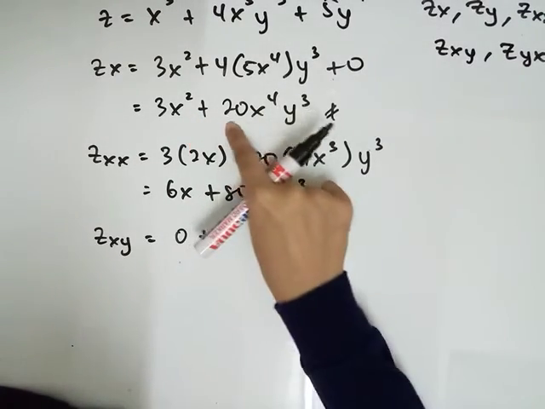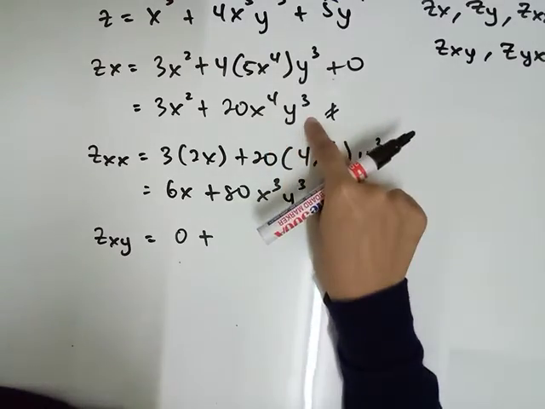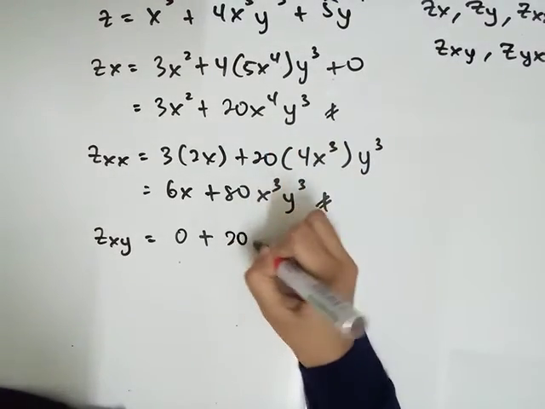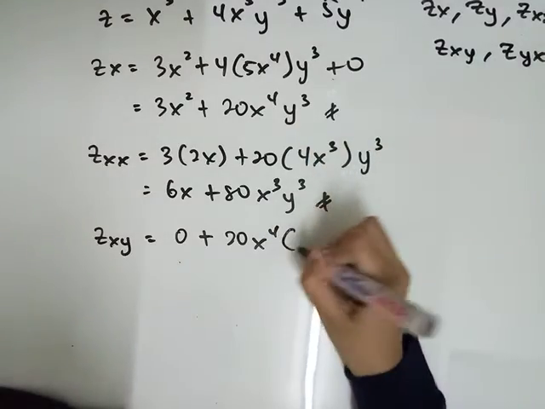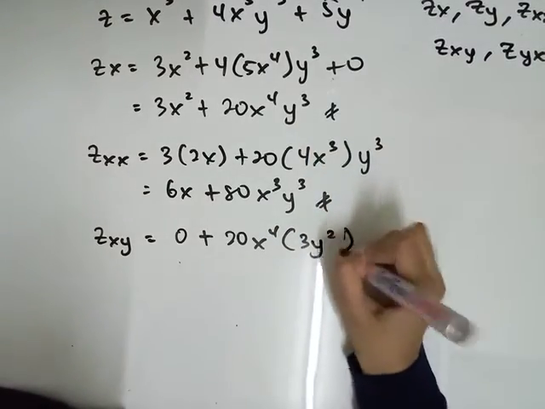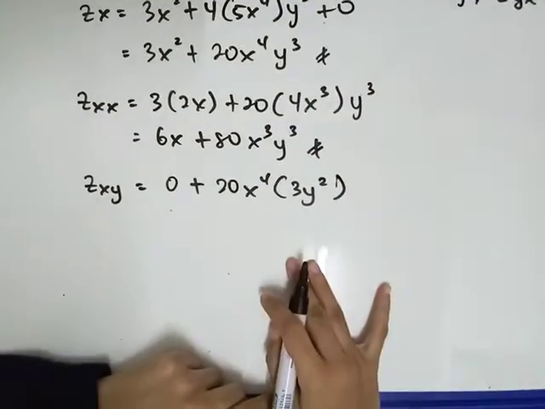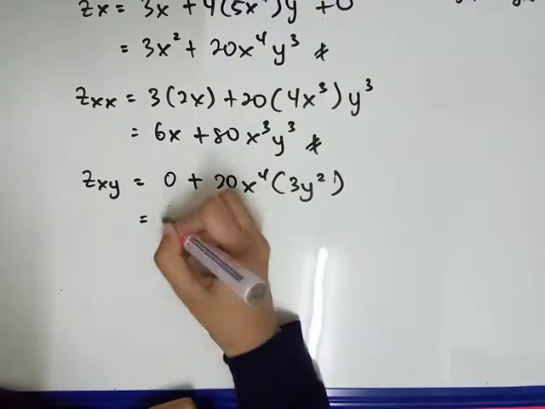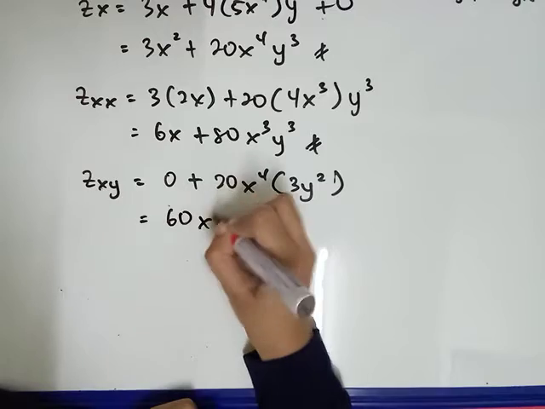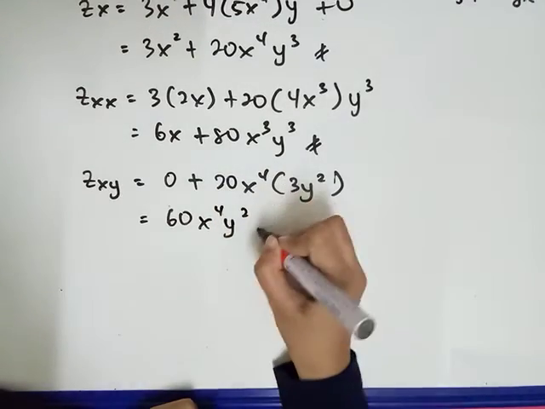What about this one, 20x power 4 y cubed? 20x power 4 is constant. Differentiate y cubed, we get 3y squared. Then we need to solve. 20 times 3, we get 60x power 4 y squared. This is the answer.